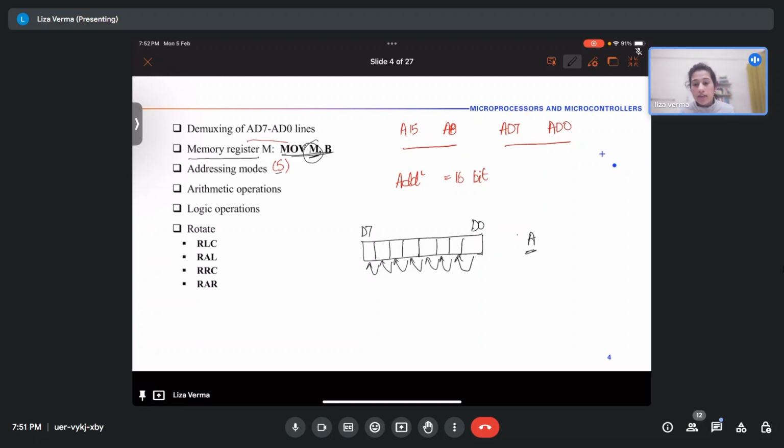Now for RRC, I think I should draw these simultaneously. D0, D7. What was happening in RRC? The bits were moving to the right. So where did D0 go?